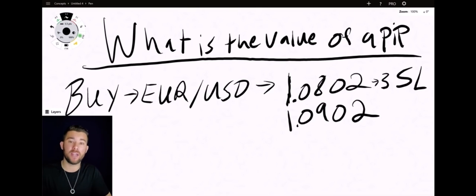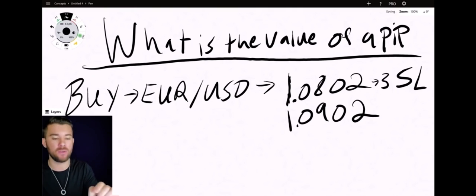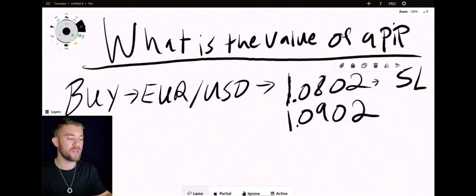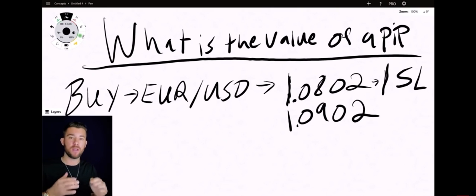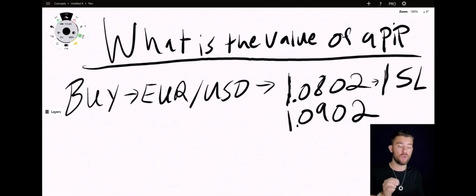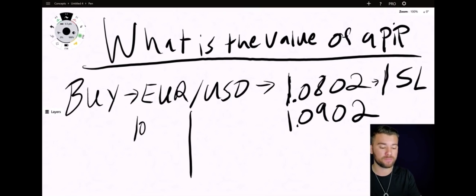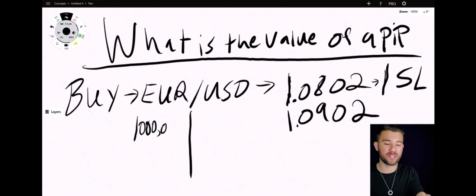Now let's look at this in a different way that always helped me to better understand what's actually going on whenever I place trades. So let's move back to placing a buy order with 1 standard lot on the euro dollar. If you're doing this, essentially, you are telling your broker that you want 100,000 euros. Not 1 million euros. What am I doing? 100,000 euros.